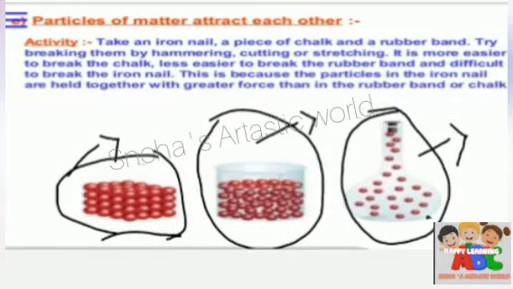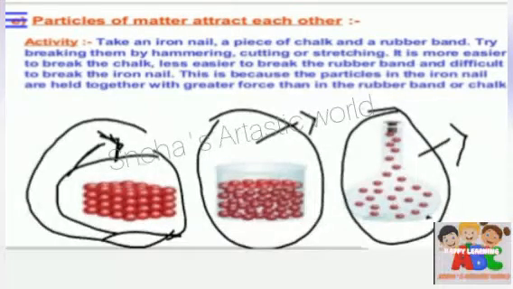How do you find very much attraction? That is in solid particles. The solid particles are very close to each other, so the attraction of particles is more in solids compared to liquid and gas. Note it.